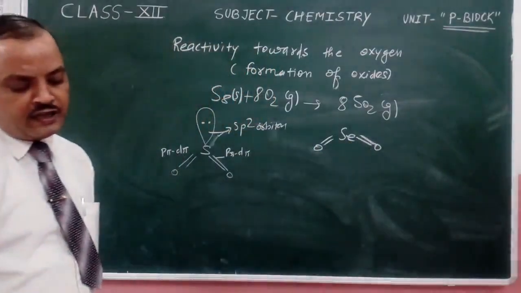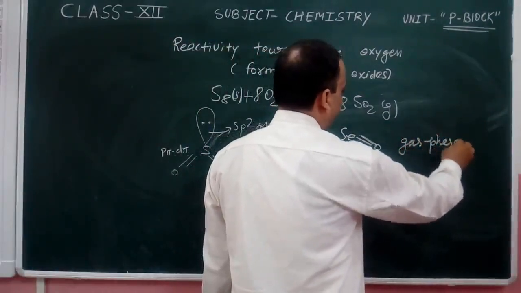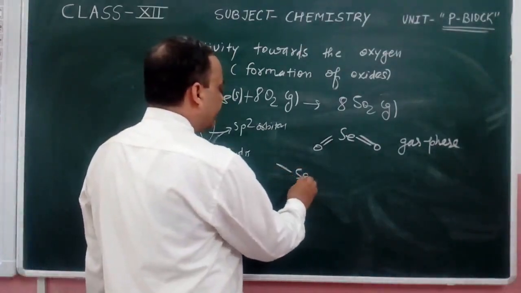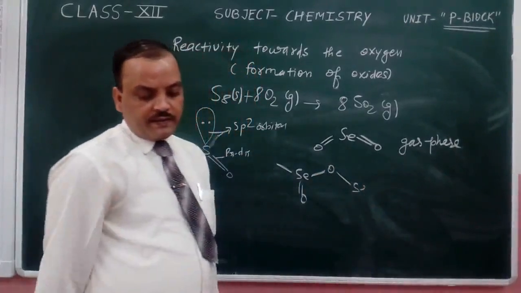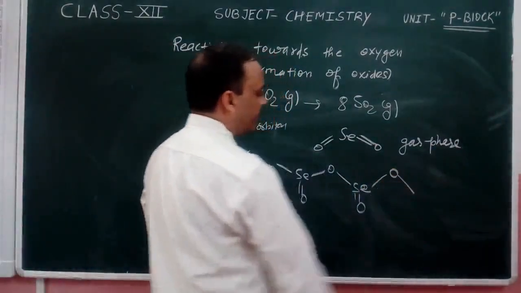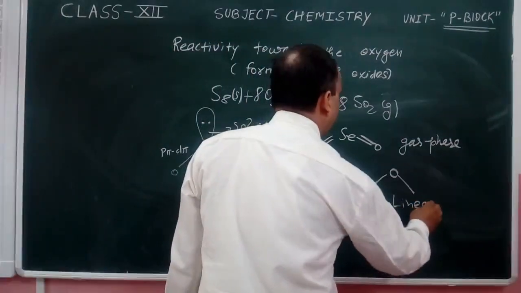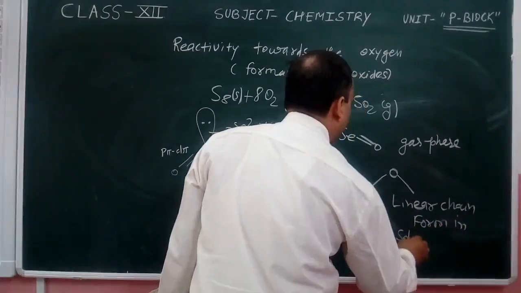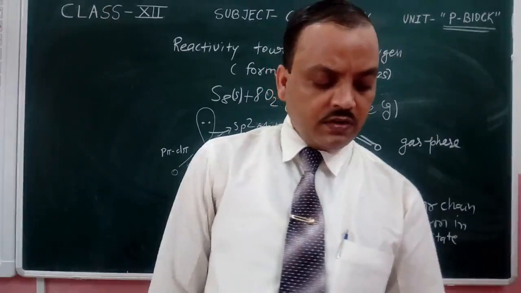In the gas phase it is a molecule, but in the solid state it is present in a linear chain form. So we have a linear chain structure of selenium dioxide in its solid form. So that is about the oxides.